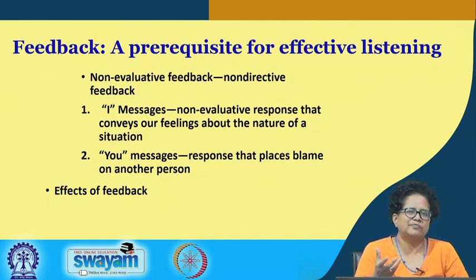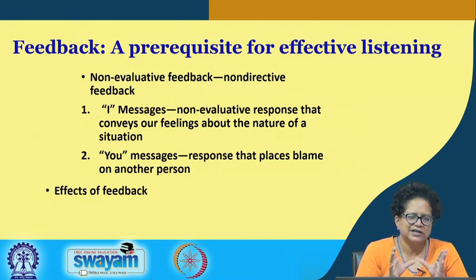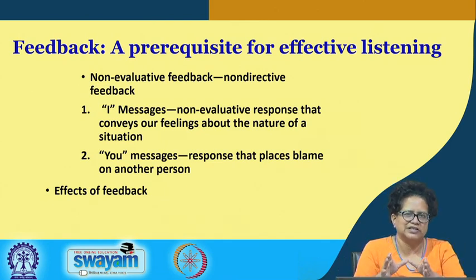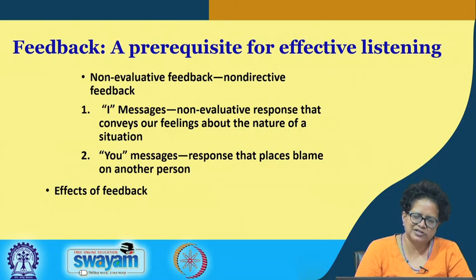Please remember and recall that in the initial class on communication and introduction we had said that message is the content value of the communicative act. Between the communicator and the communicative, what has to become common is the message. So, there are two types of messages when we talk about non-directive feedback.